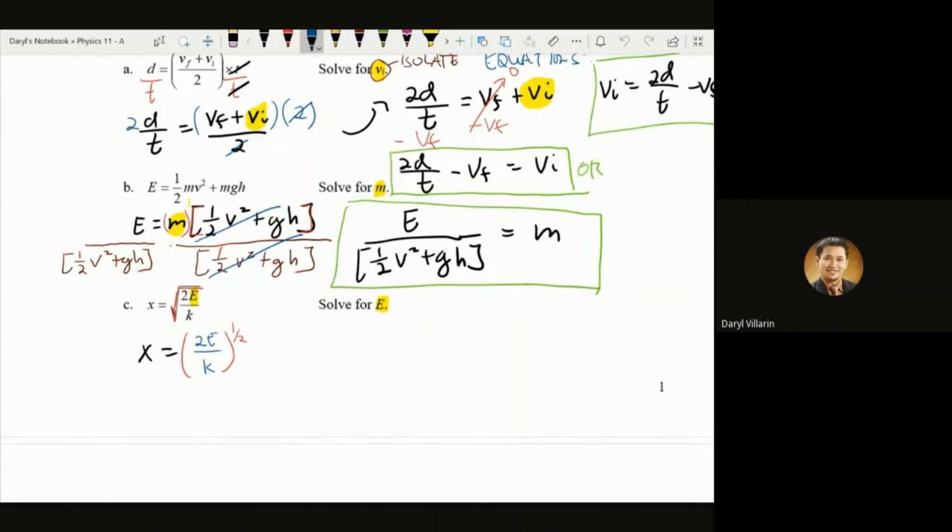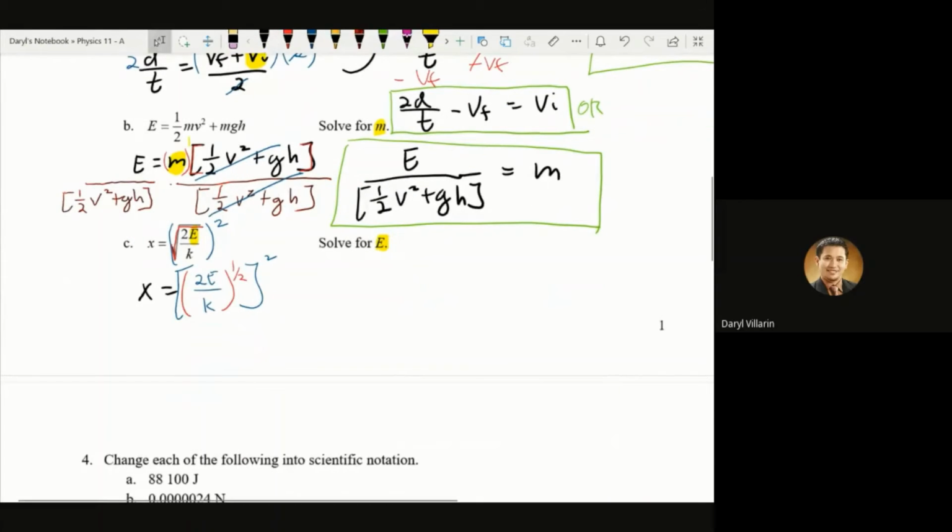Well, is it not that if I'm taking the square of this, it would essentially get rid of that? Because if you can see in your law of exponents, 1/2 raised to the power of 2 is 2 times 1/2. So essentially the answer there is just 2e over k.